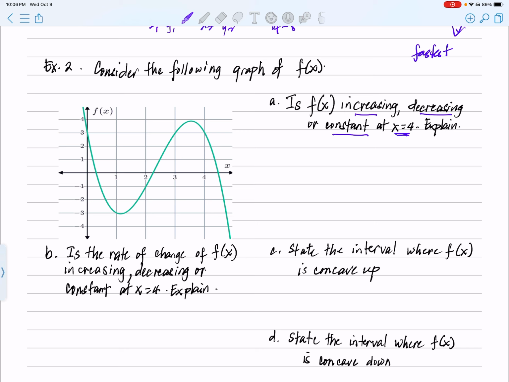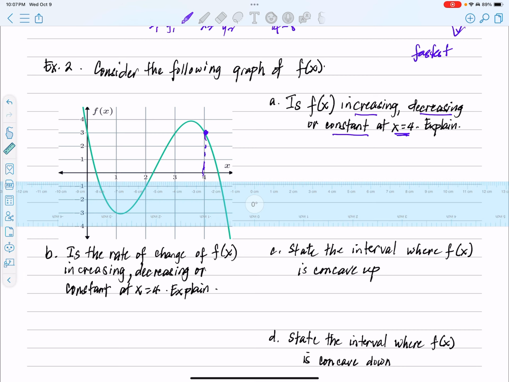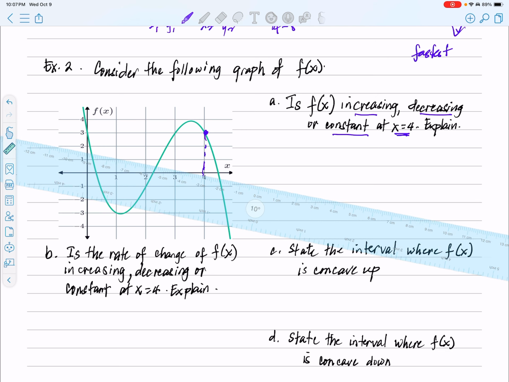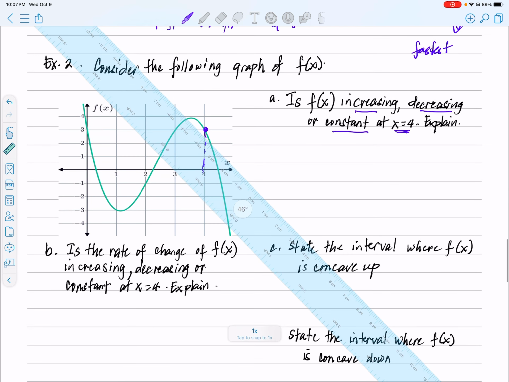So where is x at 4? Right here. When x is 4, the slope of the tangent. So how about we use the tangent? I'm going to use the tangent method. I think doing the tangent is the fastest way of seeing if it is increasing or decreasing.